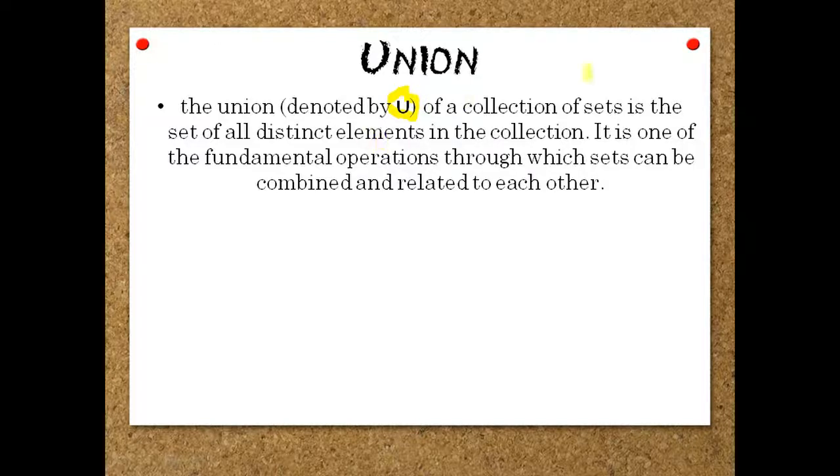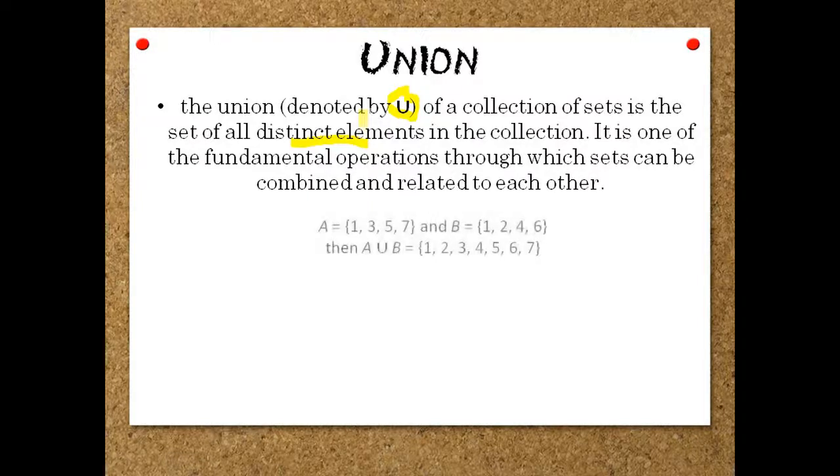So again, the union is the collection of sets in the set of all distinct elements in the collection. When we say distinct elements, as from the definition of a set, it should not be repeated. I mean the elements inside the set should not be repeated, and it is one of the fundamental operations through which sets can be combined and related to each other.